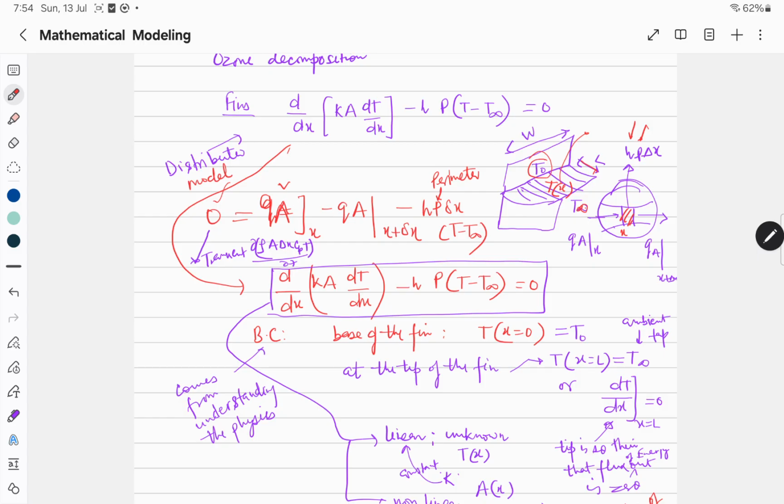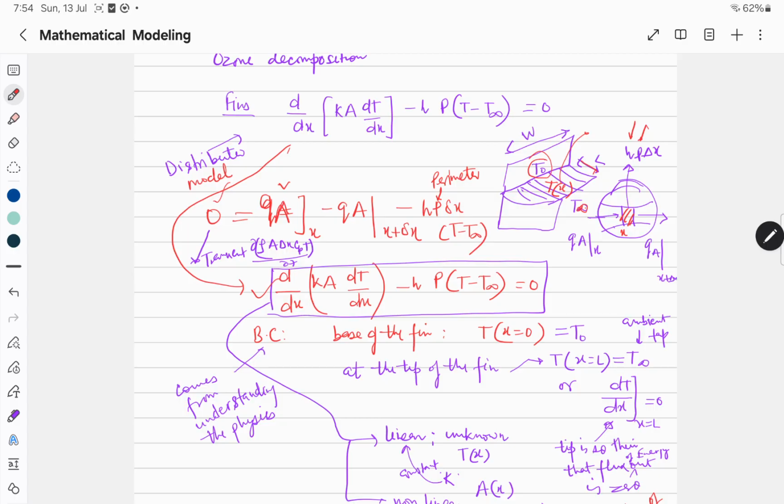Now this will settle into d/dx of (kA dT/dx) minus hP (T minus T infinity) equal to 0. If kA is constant, k and A you can take outside, then d2T over dx square. So this is nothing but a second order ordinary differential equation.